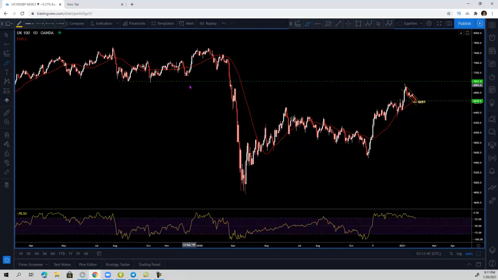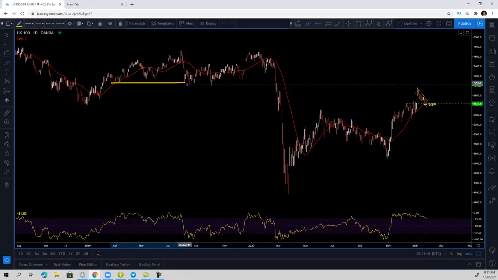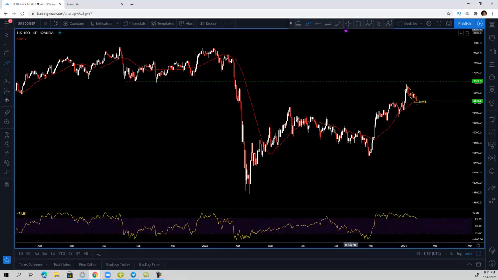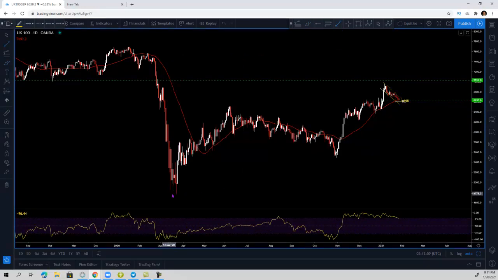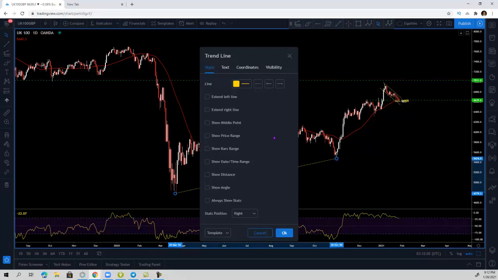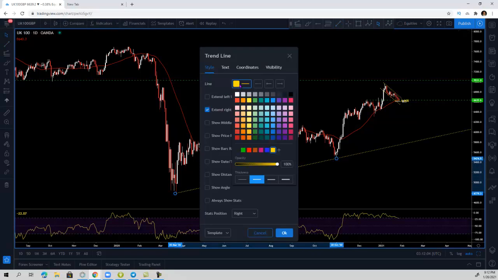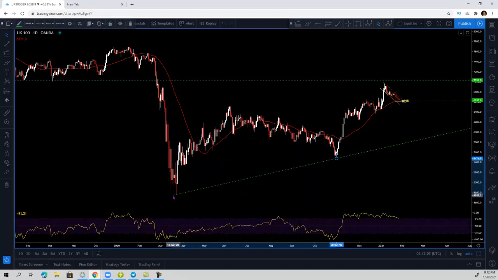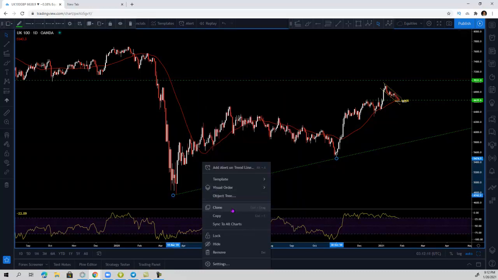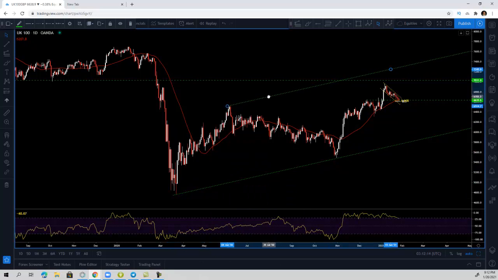As you can see here, this is the level that buyers were protecting before the coronavirus pandemic crash. It's very important to notice all of these things when it comes to trading, because it's extremely foolish, and you're going to end up burning money if you just take trades here and there without getting the confirmation needed every single time.